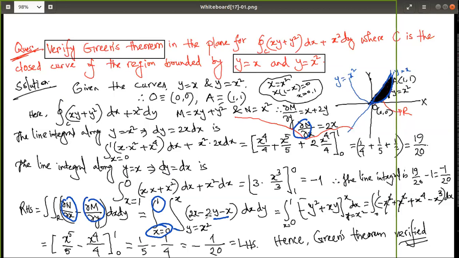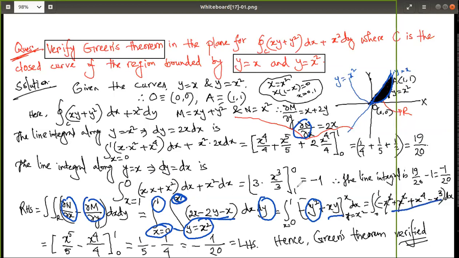At first we integrate with respect to y, which gives y square plus xy, and we put the upper limit minus lower limit.